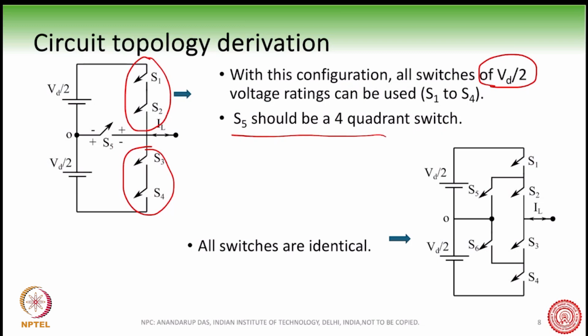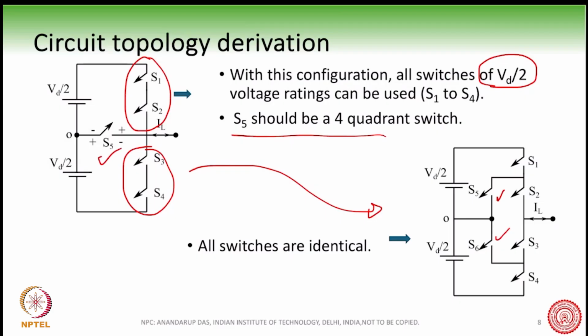Now, with some clever manipulation, actually we can go from here to there, where we will see that we can actually remove that requirement and we can put this S5 switch in, split it in this way.